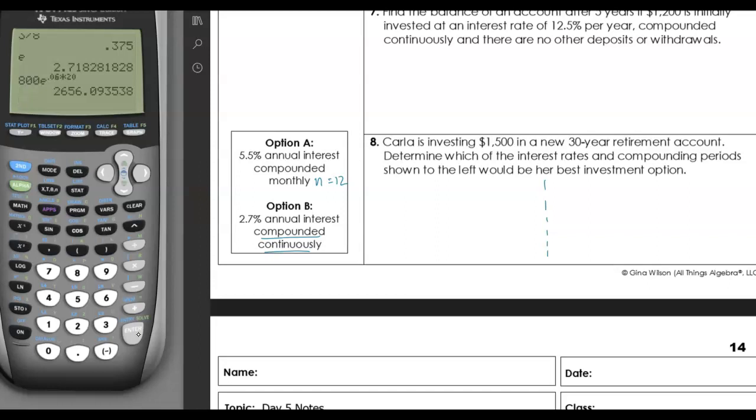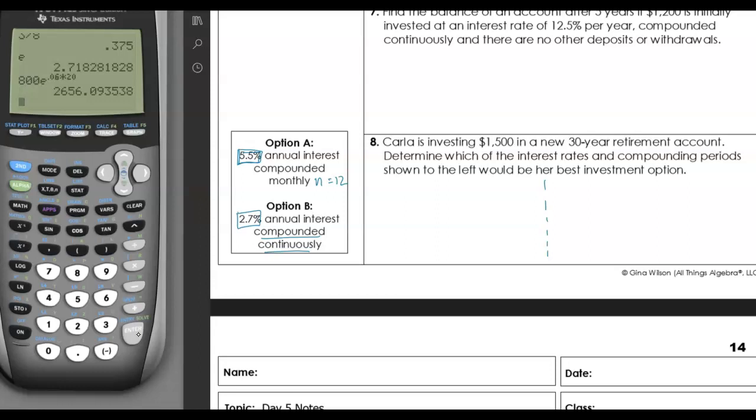But both of these options have different rates. We need to figure out which one is going to make us more money, because Carla wants to retire with a lot of money, like we all do.